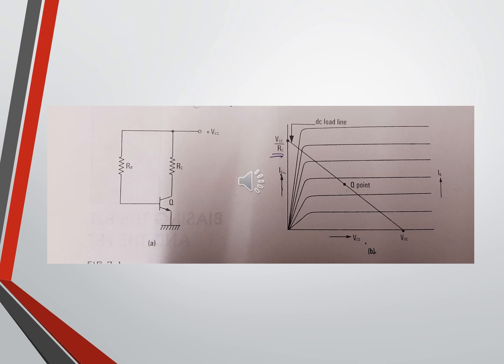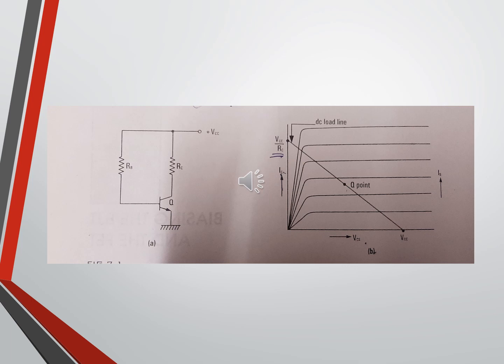So here it is written as whenever the VCE is 0, what will be the IC? IC will be VCC by RC. Whenever the IC is 0, VCE becomes VCC. So we will be getting 2 points.